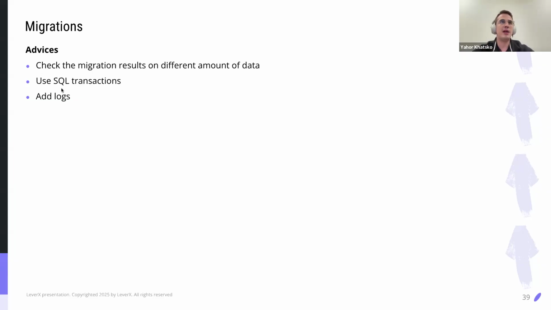You should use SQL transactions, because the migration is just a script, as I mentioned, and if something is wrong with that script, we would like to roll everything back. So try to use transactions. They could wrap the entire migration, or they could be done in chunks.